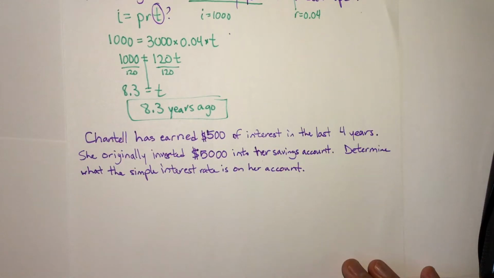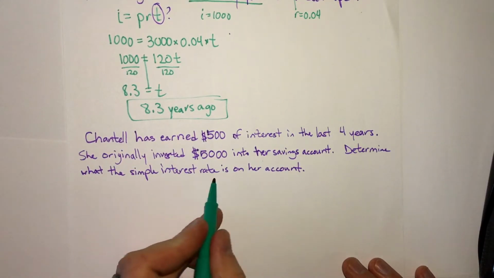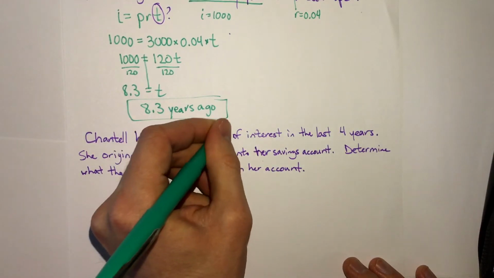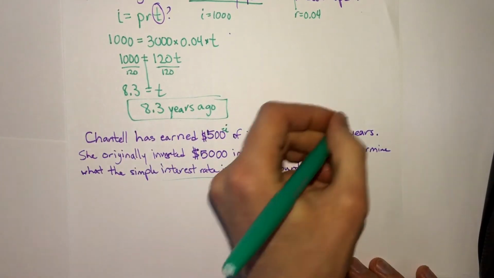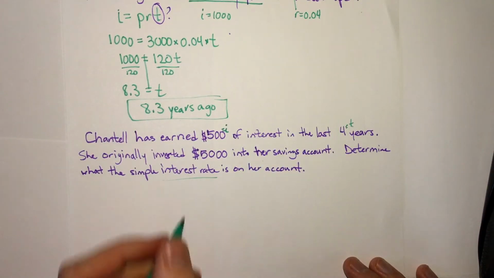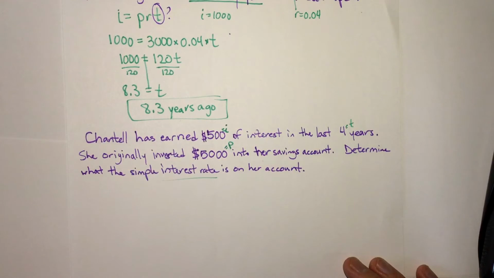So looking at one more example where we have to find the interest rate. It says Chantel has earned $500 of interest, there's our I, in the last 4 years, there's our T, and she originally invested $5,000 into her savings account.